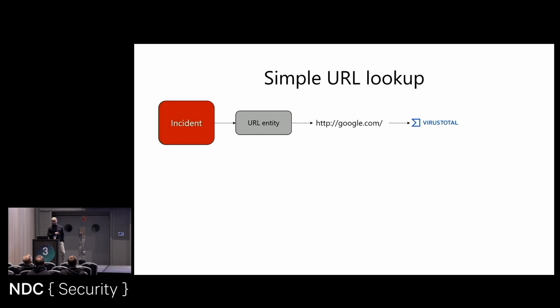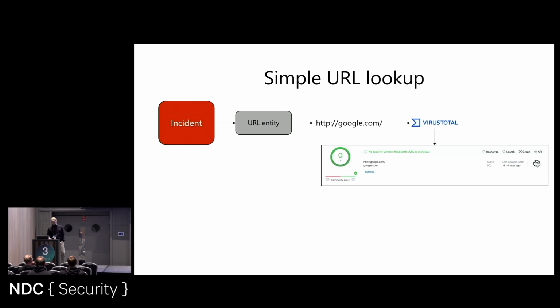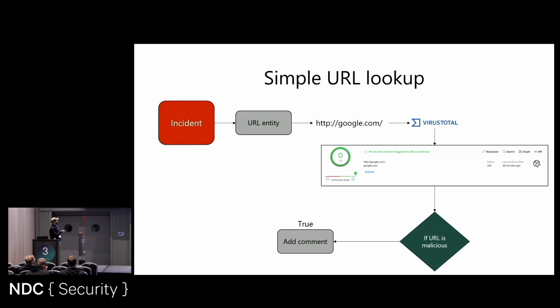And then I've said, I want to query VirusTotal and let VirusTotal tell me what it knows about this URL. And so I can take the result here and say, if the URL is malicious, I want to add a comment to the incident and say, we found that this URL is malicious. And if not, I can also add a comment and say, it wasn't malicious, or I can just do nothing, because then it's not important.